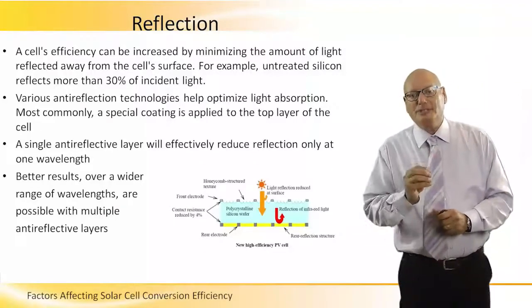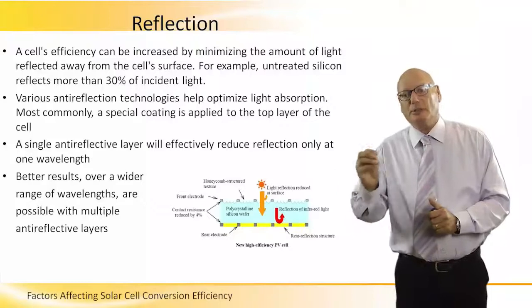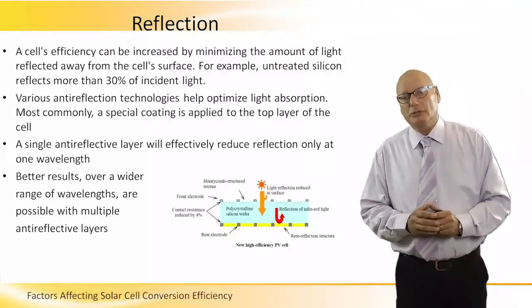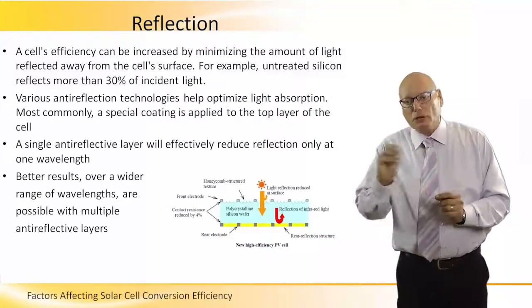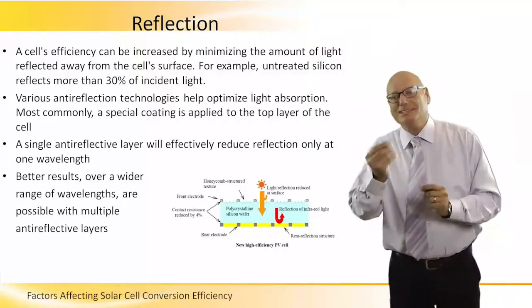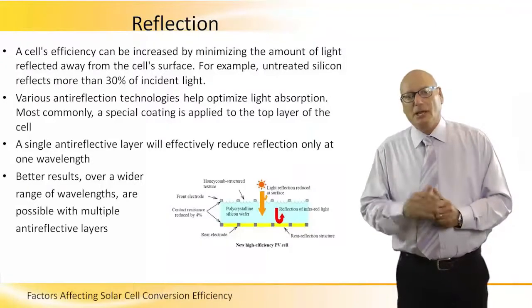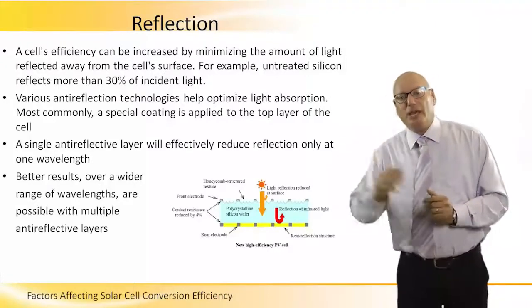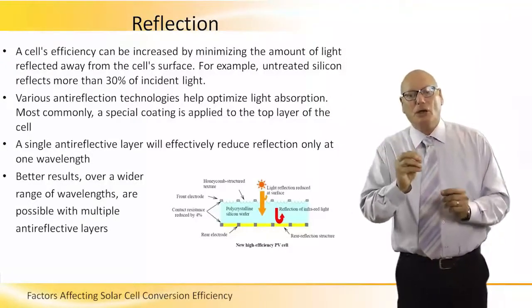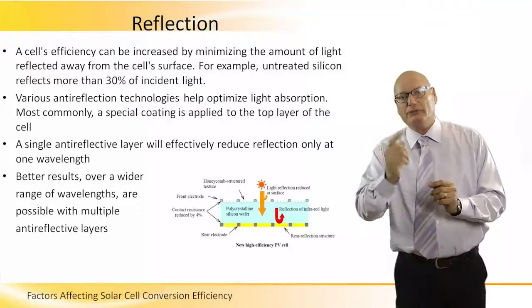That's why various anti-reflection technologies help us to optimize light absorption. Most commonly, a special coating is applied to the top layer of a cell. A single anti-reflective layer will effectively reduce reflection only at one single wavelength.